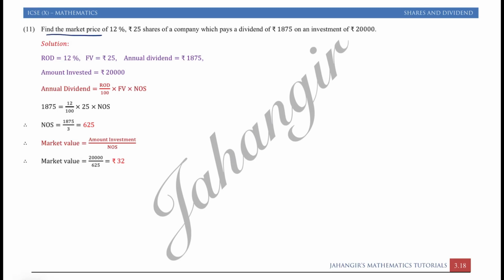So finding x, you will get the number of extra shares. Question number 11. Find the market price of 12% rupees 25 shares of a company which pays a dividend of rupees 1875 on an investment of rupees 20,000. Here you have to find the market value, that is the question mark.